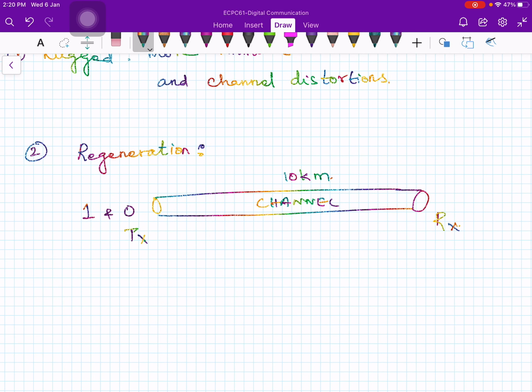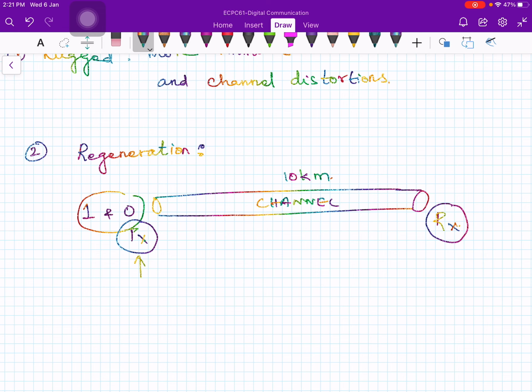Also, the channel has other kinds of noise, especially thermal noise. The signal which you are transmitting collects a lot of thermal noise and other kinds of noise. These noises are produced along the path and within the communication system, within the transmitter as well as the receiver.